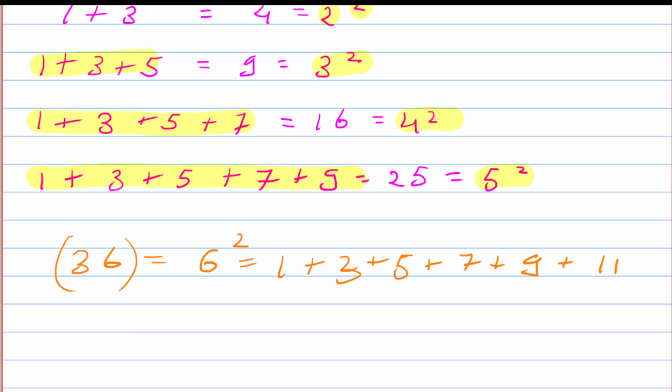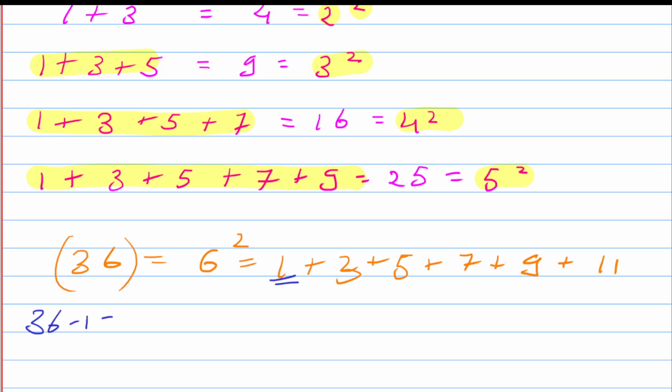But if the numbers are bigger and you're not so sure, how do you do it? In the exam, if they ask this question for more than 2 marks, how do you explain that? For that, you simply go on subtracting each odd number one at a time.